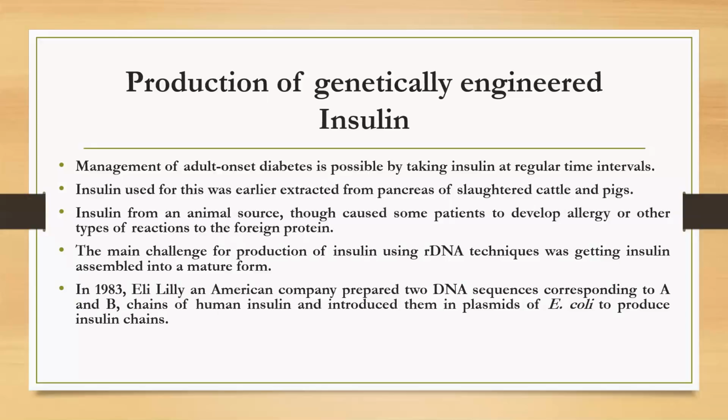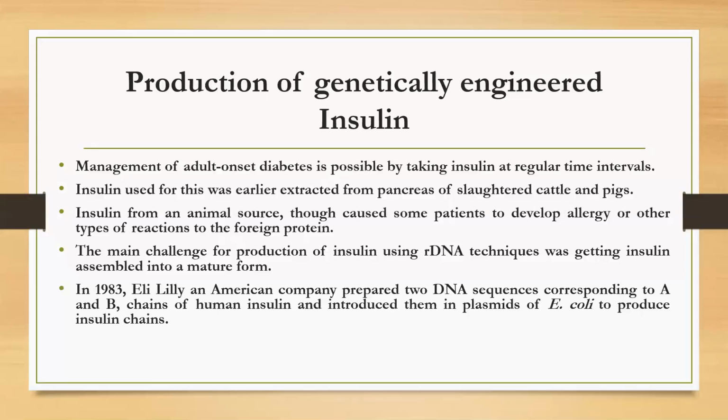But here another method is mentioned, that is production of A chain as well as B chain separately. But the explanation is not given here, it is just mentioned regarding the production of artificial insulin.